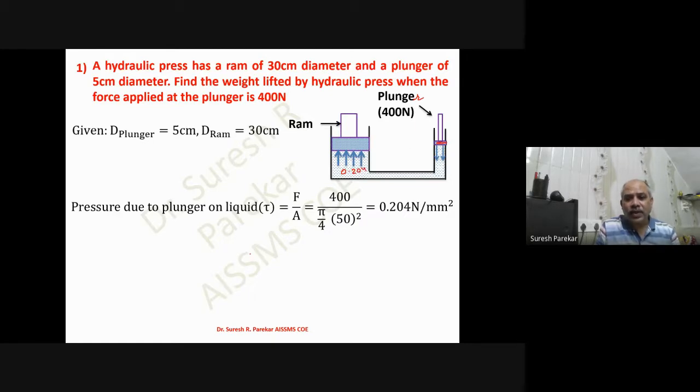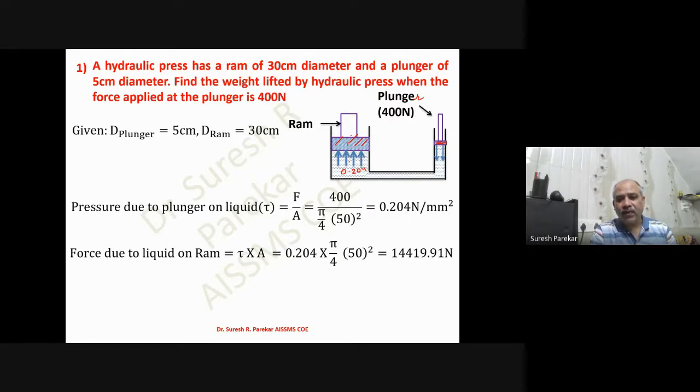Then we are going to get this force. Now we know the stress, we know the area of this ram. So stress into area of ram will be the force in upward direction. That much weight we can lift from this side.